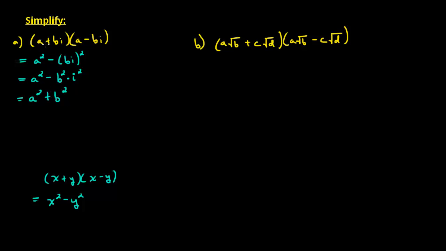And that's because when I actually expand these conjugates, I get the difference of squares, a squared minus (bi) squared. When I square i, I get -1, and that's why it results in a squared plus b squared.